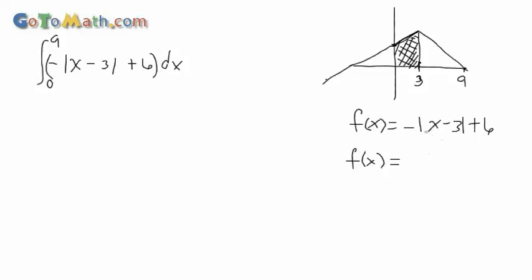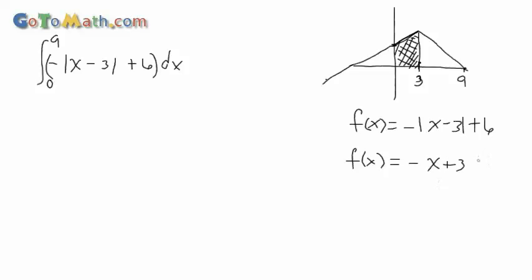Alright, so we end up dropping the absolute value signs right here. Now the 6 we're not gonna worry about, but we end up dropping the absolute value signs and we'll end up with a negative x and distributing this minus across, plus 3, right?